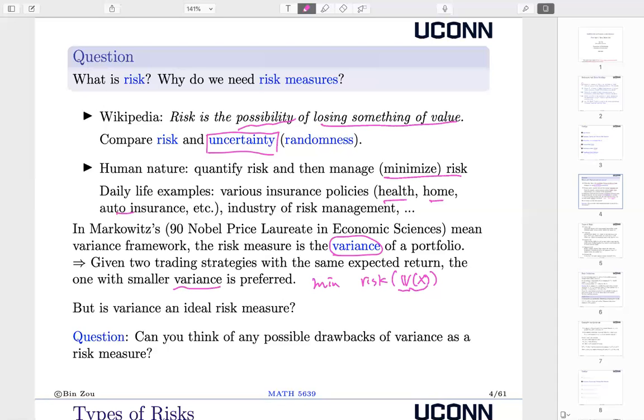Right? So let's say still in this investment example, you are trying to make profits, right? But if we use variance, we may penalize good performance, right? So variance only measures the fluctuation from the mean. It could be good fluctuation. So this is the baseline, so this is the mean.